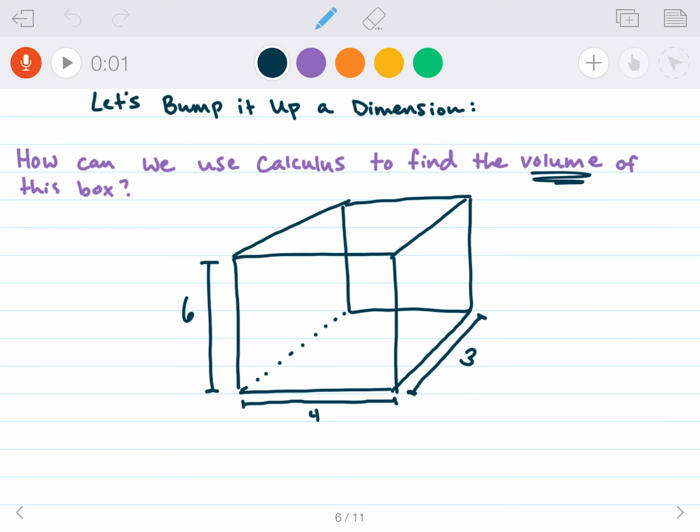So this is the idea. What we're going to do is imagine a slab that's infinitely skinny in this box. So let me do my best to try and draw this. All right, so we have this guy right here, and maybe it goes like this, and like this, and maybe it goes like this.